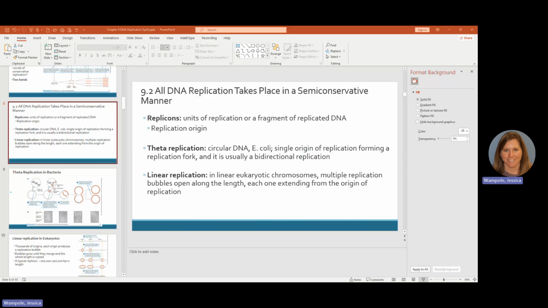DNA polymerase is an enzyme, and this enzyme is going to catalyze the formation of a bond between the 3' hydroxyl and the 5' phosphate of the next nucleotide.